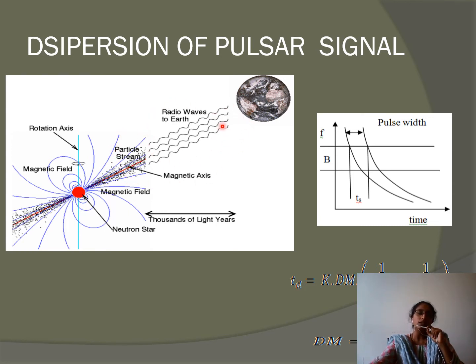How do I remove that dispersion? For that I should know how the dispersion process was happening. So that is nothing but the model of the space we develop as a transfer function, and then we will apply the inverse to the acquired signal, which will in turn give me the actual produced pulsar signal. That is the definition of de-dispersion of our pulsar signal.